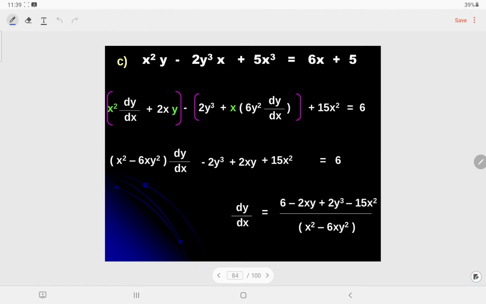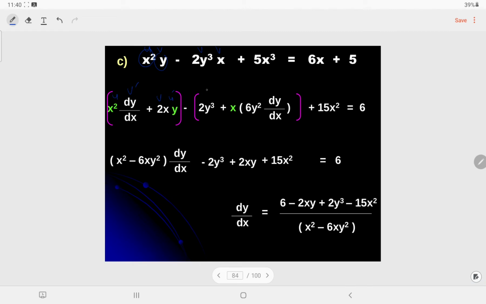Next example, the same thing. Because we have two variables here, x and y, this is u, this is v. So u v prime plus v u prime.